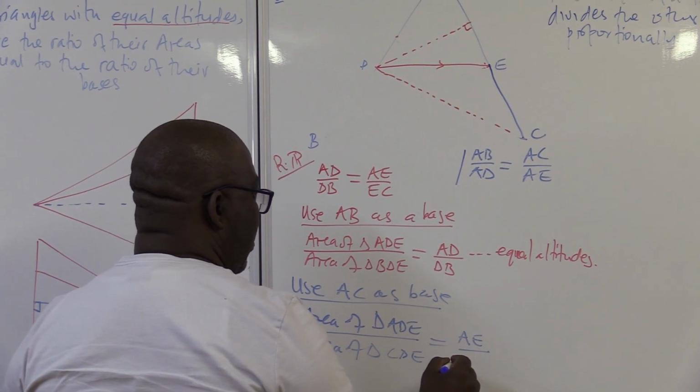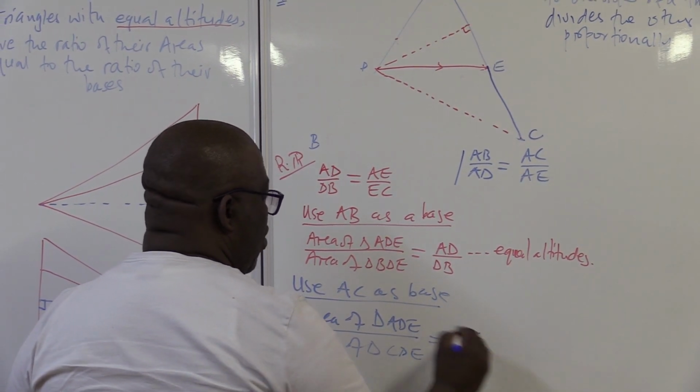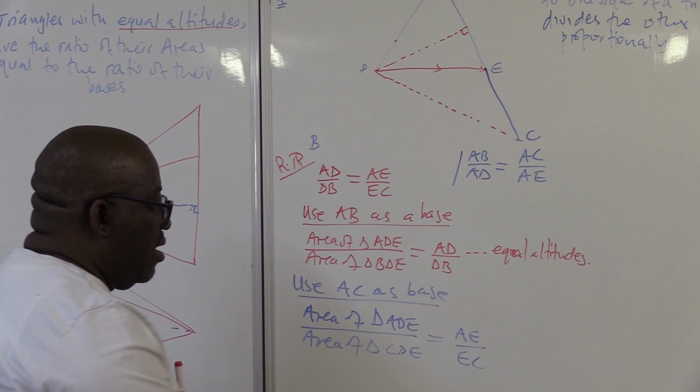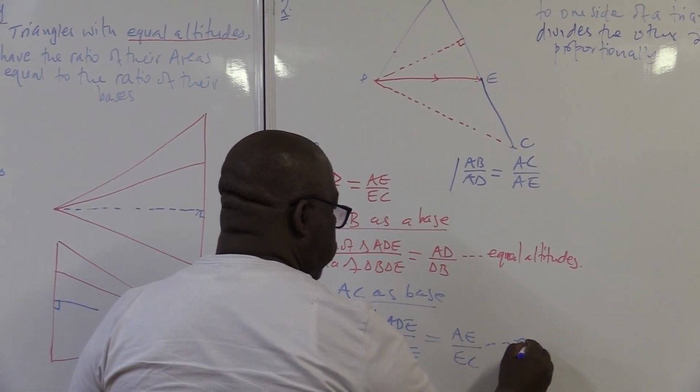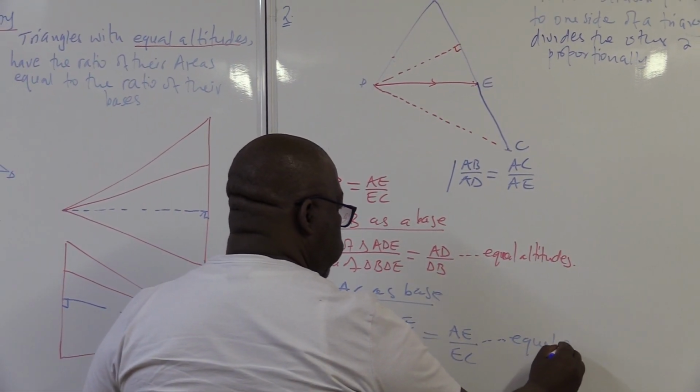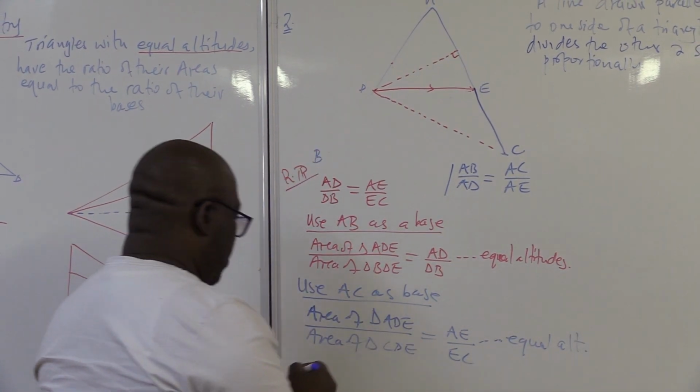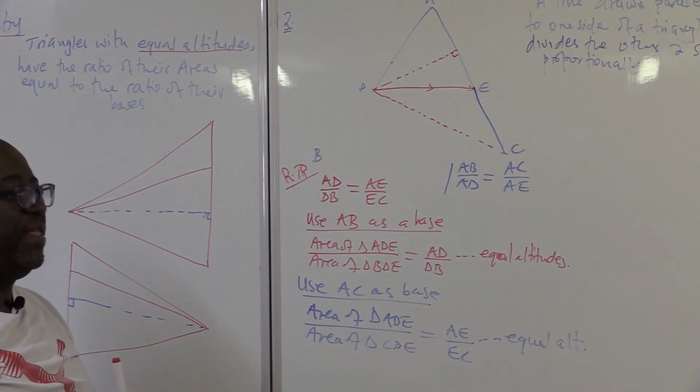So it's AE over EC. Right, reason: equal altitudes. Right, this is very important.